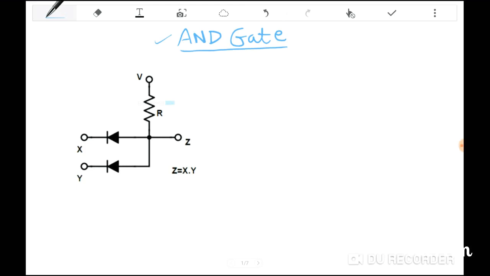The AND gate is the second categorization topic of the simple diode logic gate. In the last video, we saw everything about the OR gate, how it is used, how it works, and we also derived the truth table. So without wasting any time, let's just start our video.